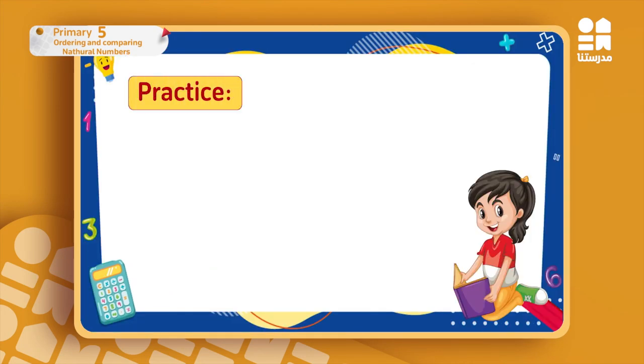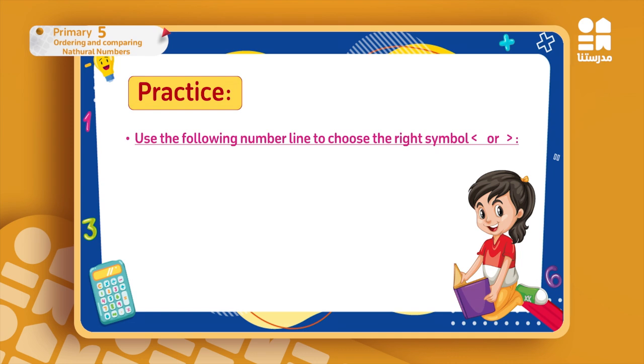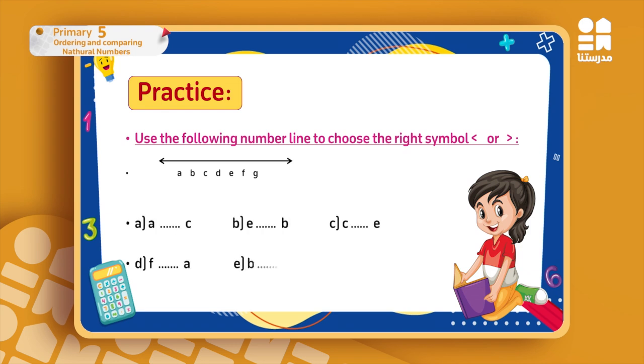So now let's practice this idea. Here I have this number line and I need to use it to put the right sign or symbol, whether it is smaller than or bigger than. Now, my first question is, A, is it smaller than or bigger than C?